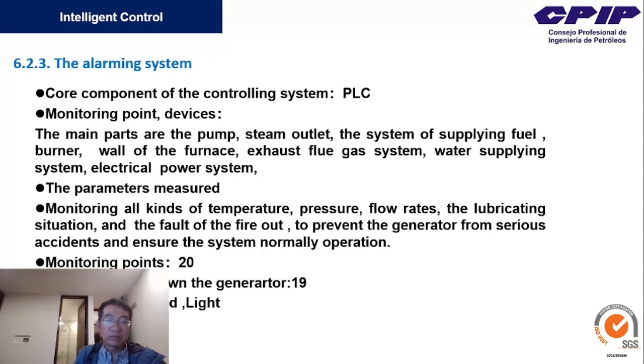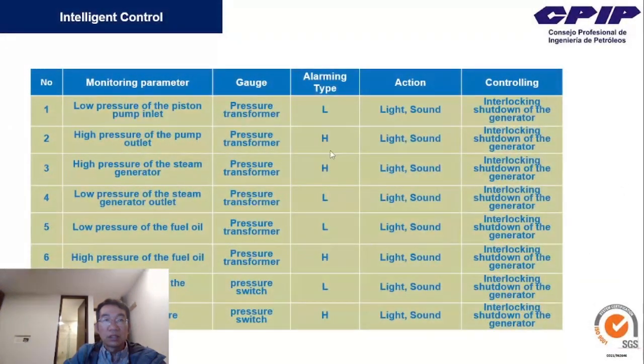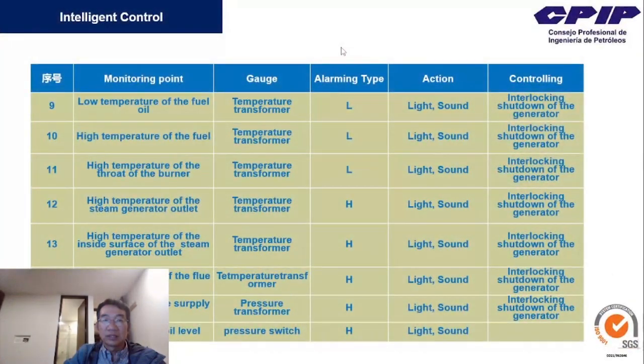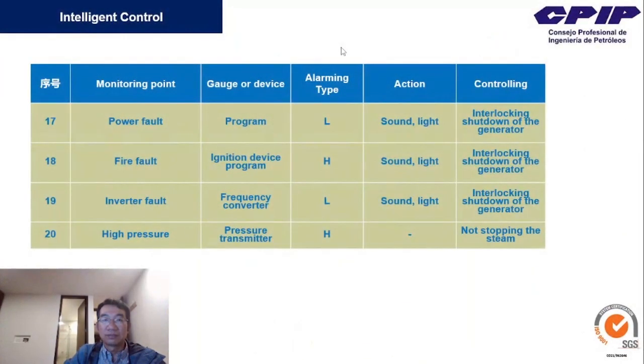The monitoring points number 20, and the points that shut down the generator number 90, and the actions are sound and light. This one is the monitoring paragraph and the alarming type.